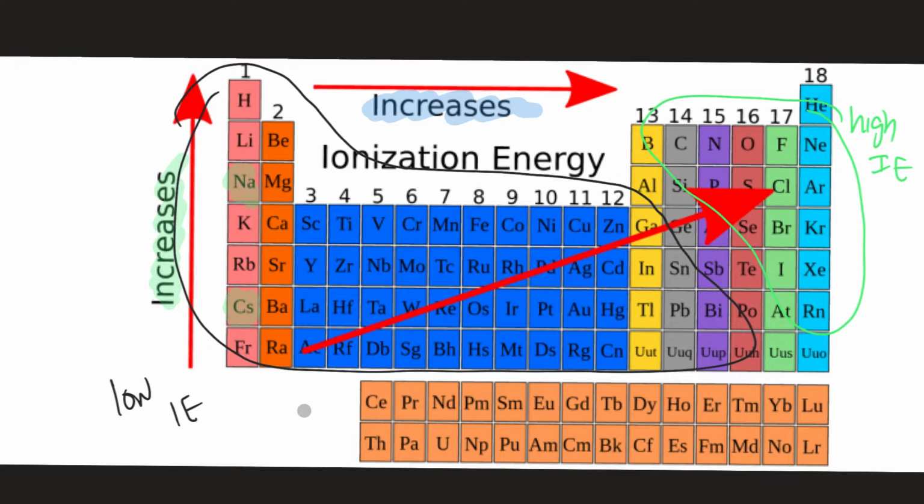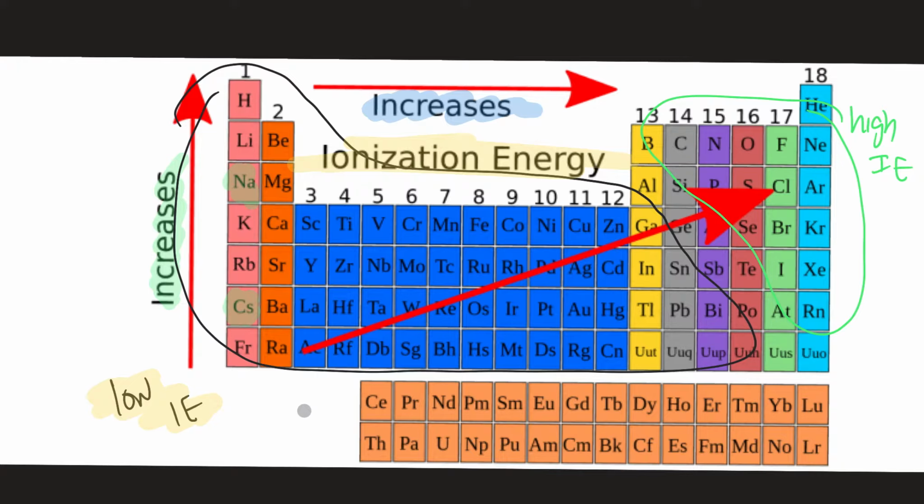So we could use ionization energy to explain why metals lose their electrons: their ionization energies are low, the force of attraction is weaker, and it's so much easier for these metals to lose their electrons to become cations. I'm sorry.